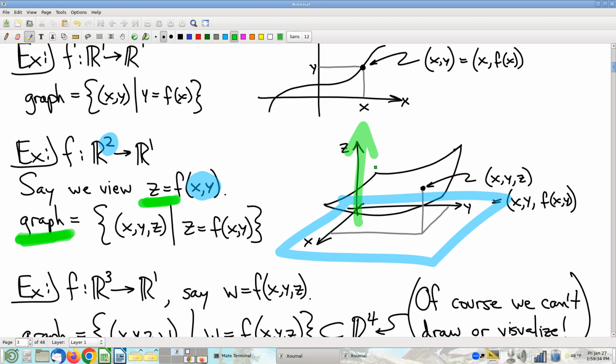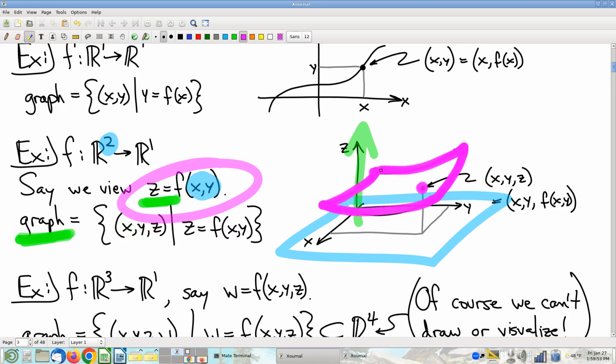Doesn't really matter, of course. But there you go, you have an equation, and we have z equals f of x, y. This is an equation in 3 variables. So its solutions are points in 3-dimensional space. And I claim that we're going to get a surface out of this, and I'm going to give you a rationale for that momentarily. But the graph of this function is a surface.